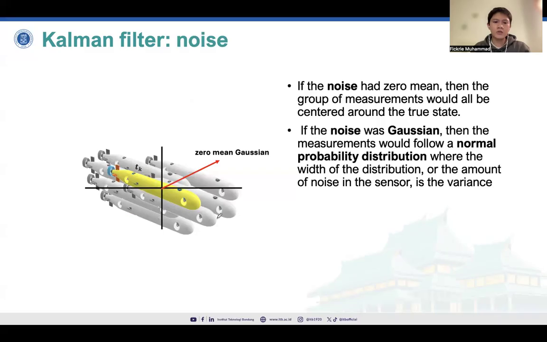And if the noise is Gaussian, so more random, then the measurements will follow the normal probability distribution, like the previous graph, where the width of the distribution, or the amount of noise in the sensor, is the variance, like in the previous slides.